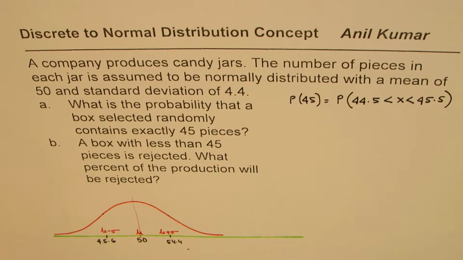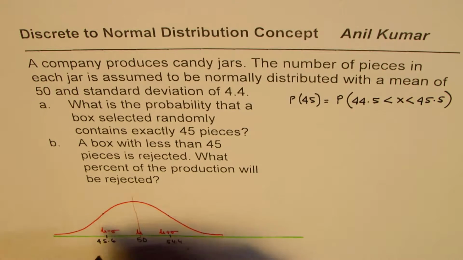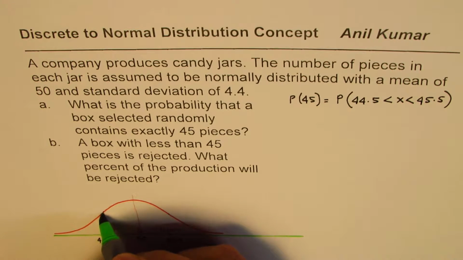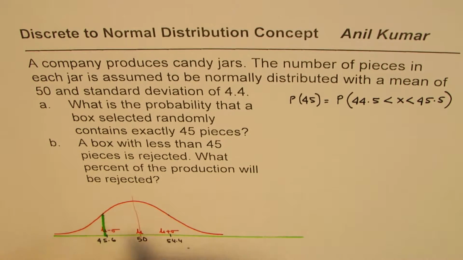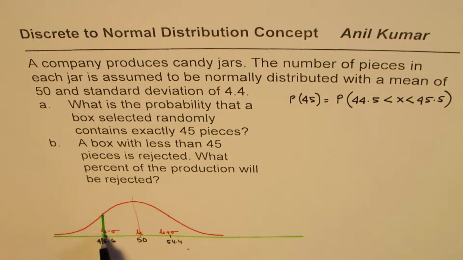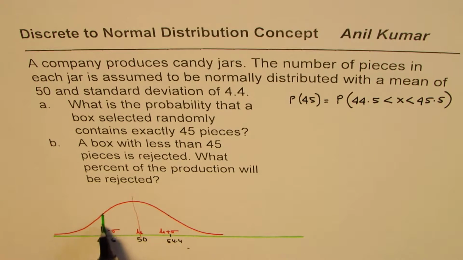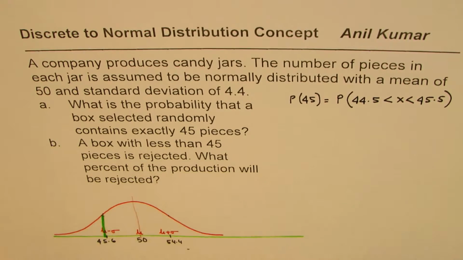So here you can think about this small slice on the left side of this portion here somewhere. So that is the portion. So we are saying this interval is very small, correct? And that is the area which we are interested in finding. Correct? So that is how we could do.